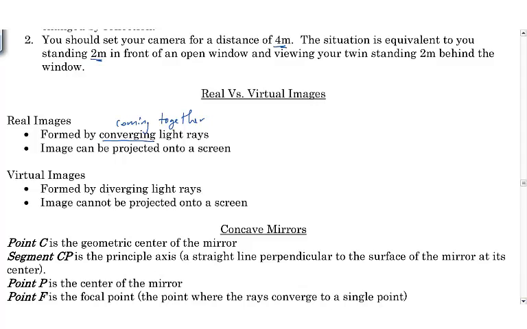And anytime you see that light rays are spreading apart, like we just saw in the last example of a plane mirror, diverging light rays form a virtual image. Virtual images cannot be projected onto a screen, like a movie screen, and therefore it's just your eyes picking up the image as though the light is coming from there.